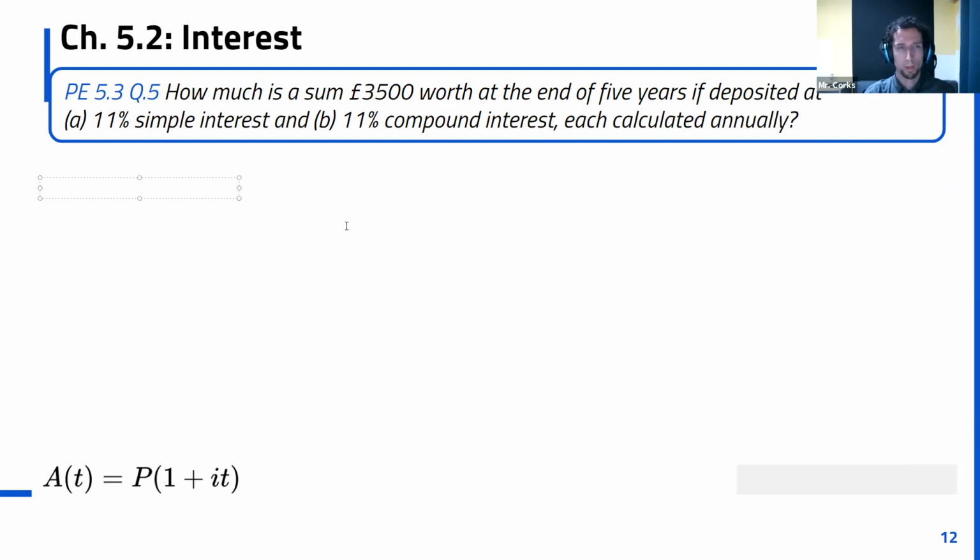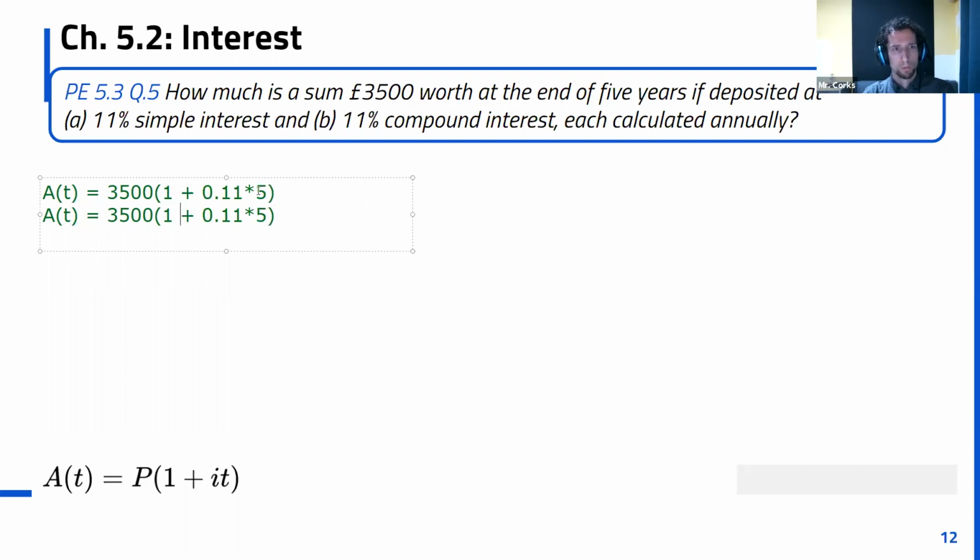So our first one here is pretty straightforward. We just have all the parts, throw them into the formula and see what we get. A_T is equal to 3,500 pounds times 1 plus 0.11, so 11% as a decimal, and that times T, which is 5.